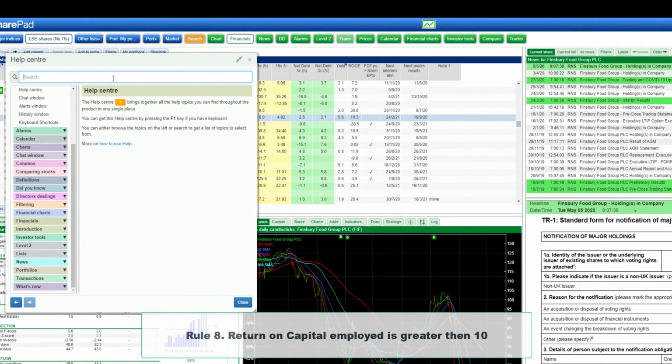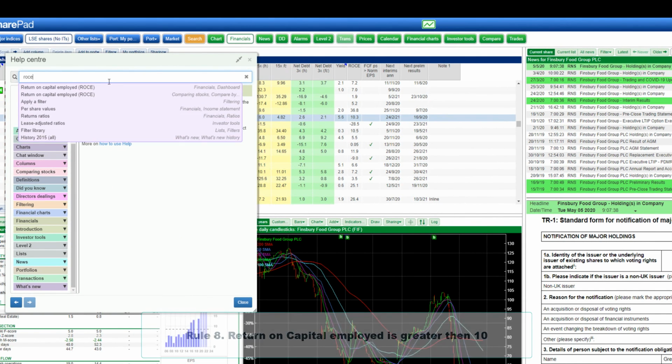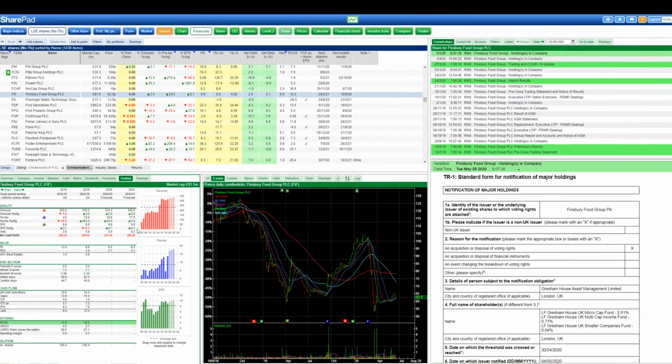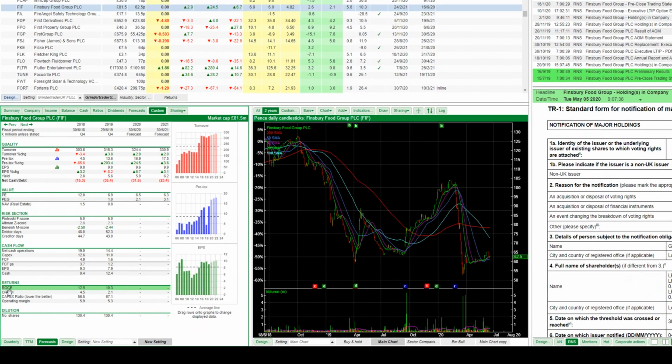And you can type in ROCE, search return on capital employed, and it can tell you more about what it means. But this is a ratio I like to see. I've also, again as before, not part of the rules, added in some further criteria that I like to see, but we're not going to look into that just now.